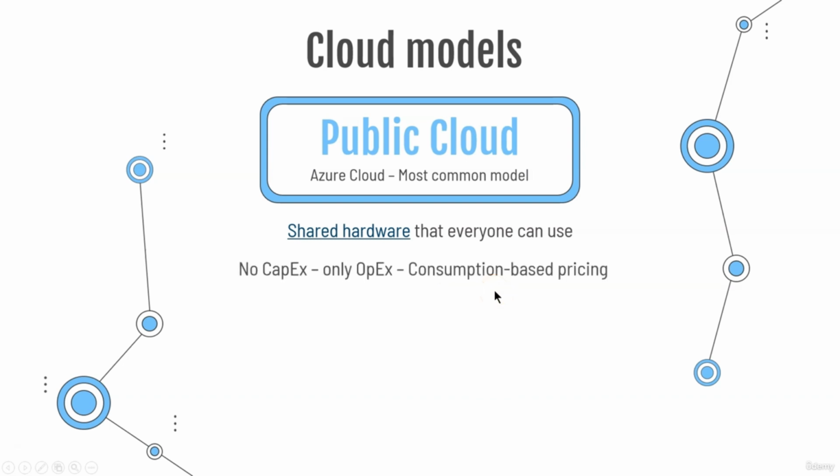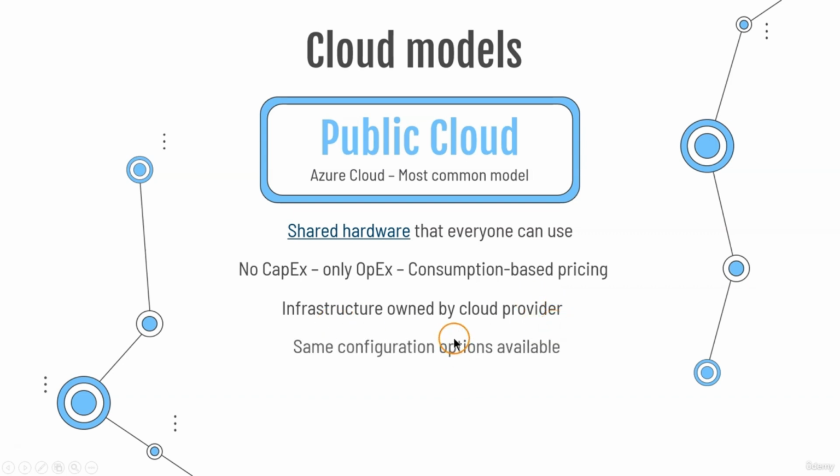In this model, we have no capital expenditure, only operational expenditure according to the consumption-based pricing. And now it's important that the infrastructure is not owned by the company, but owned by the cloud provider. So we are using it, but we are not owning the infrastructure.